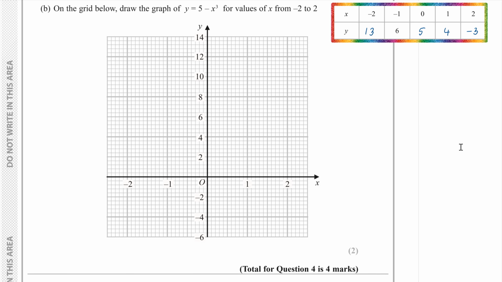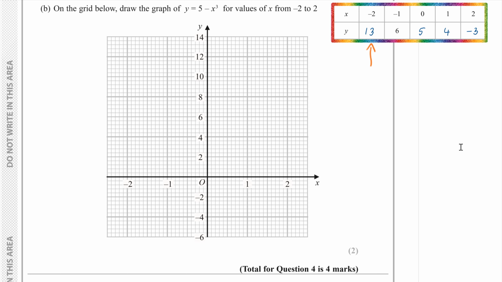Part B. On the grid below, draw the graph of y equals 5 minus x cubed for values of x from minus 2 to 2. The table in Part A lists the coordinate points, the x and y values for this equation. All we have to do is plot these points.